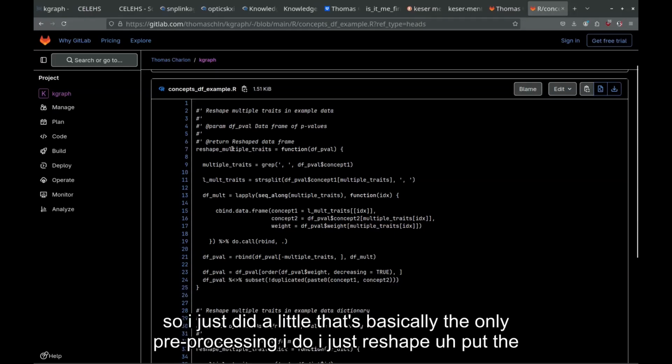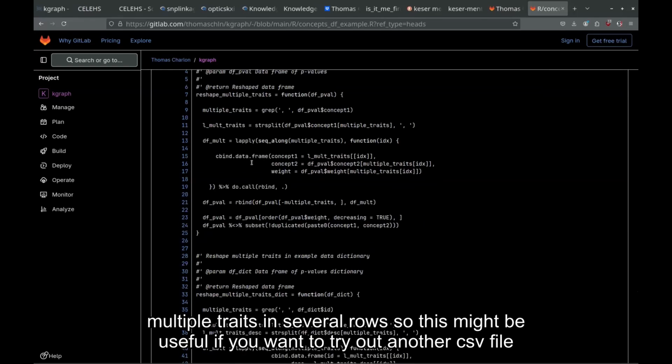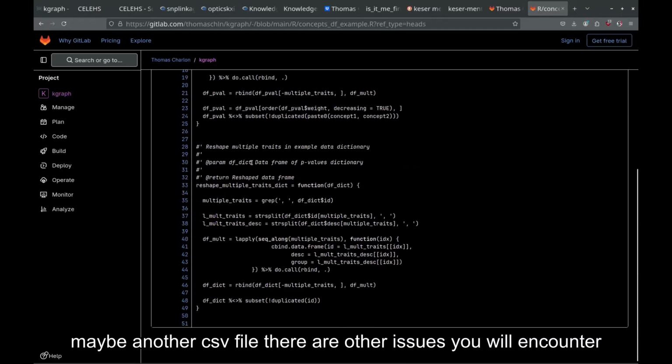So that's basically the only pre-processing I do. I just reshape, putting the multiple traits in several rows. So this might be useful if you want to try out another CSV file. Maybe in another CSV file, there are other issues you will encounter.